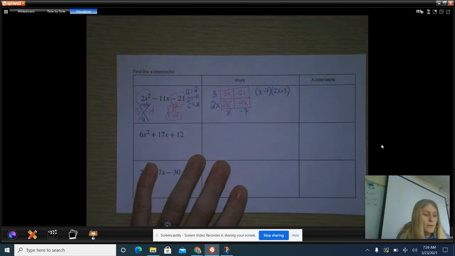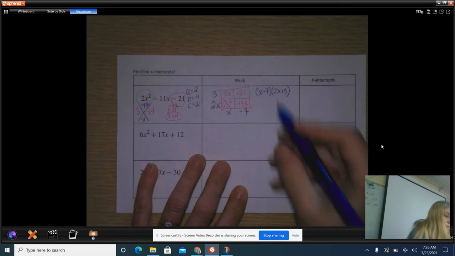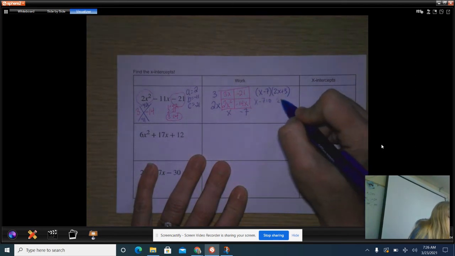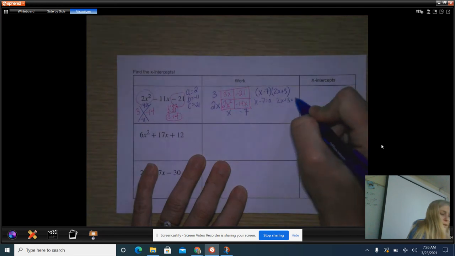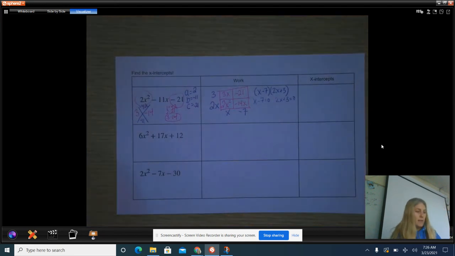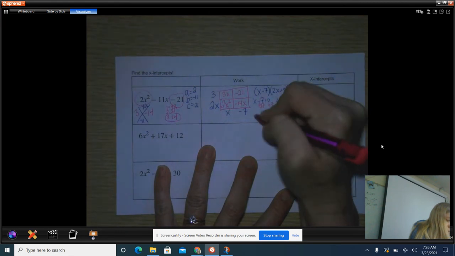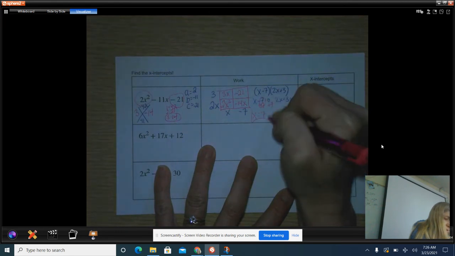We need to use the zero product property to find our roots, which is our final step. We're going to set each of these equal to 0 because we know that our roots are when our y is equal to 0. And we're going to solve. So our first x is at 7.